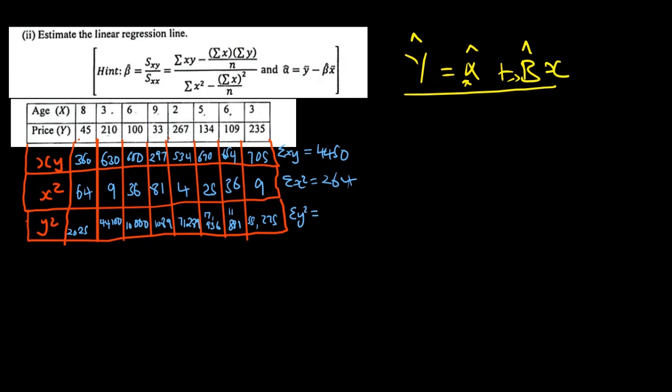So here let's find the summation of y squared. We are going to add all that we can see. So 2025 plus 44100 plus 10000 plus 1089 plus 71289 plus 17,956 plus 11,881 plus 55,225.